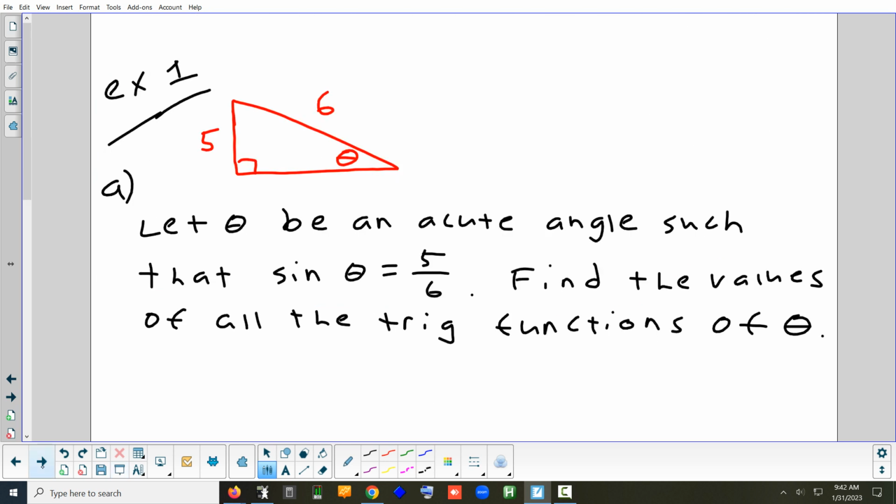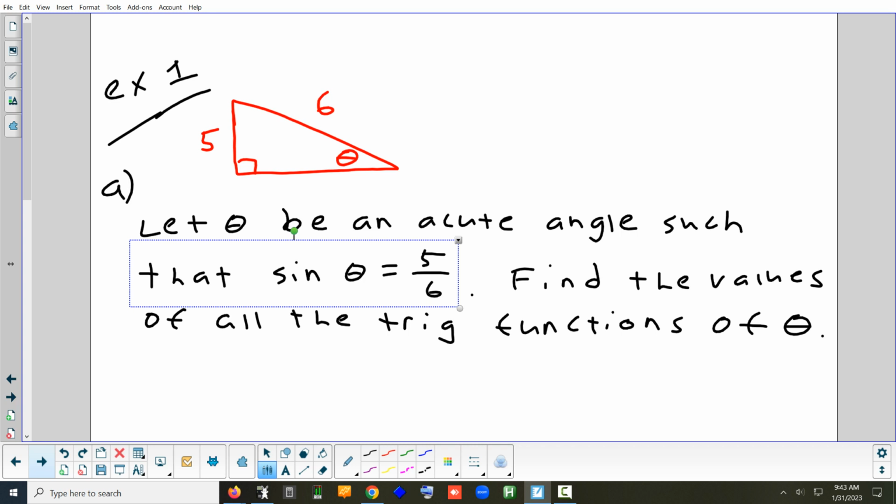Okay, so let's try this problem. Theta is an angle in a triangle. And we know that the sine of theta is 5/6. As we said before, they're telling me the opposite, and they're telling me the hypotenuse.